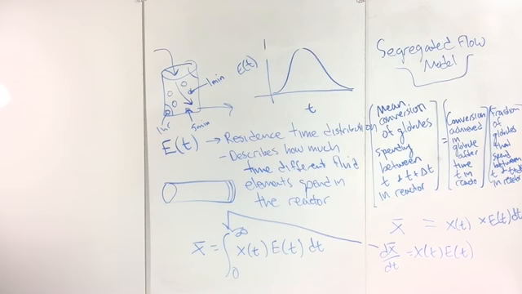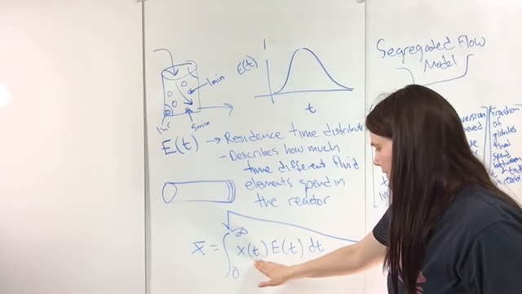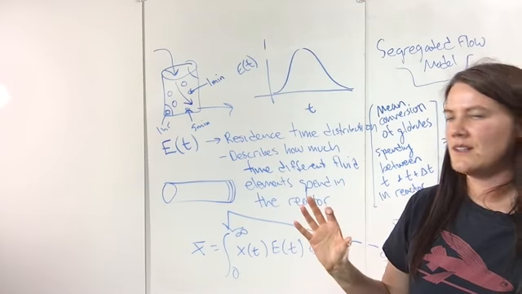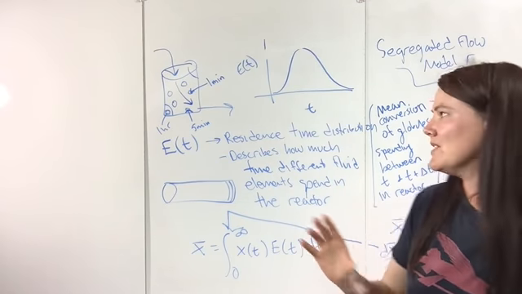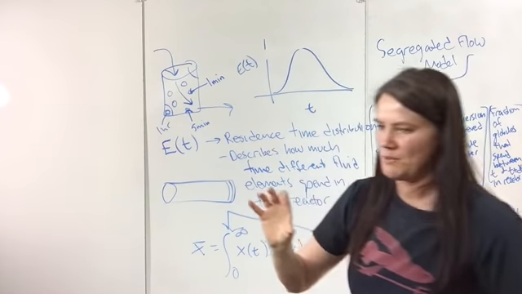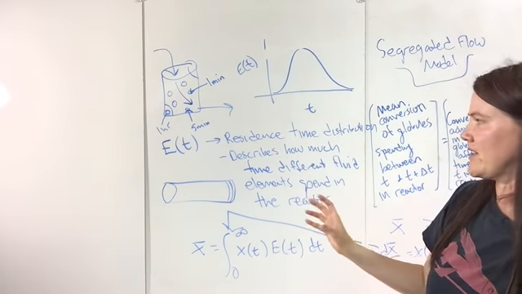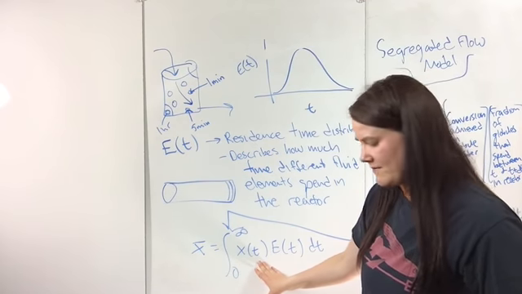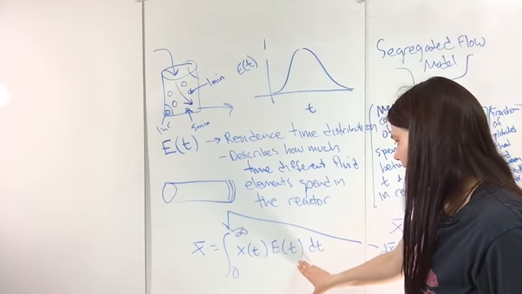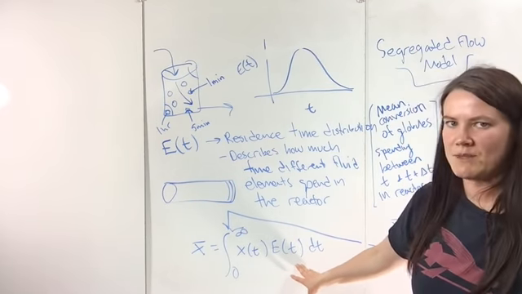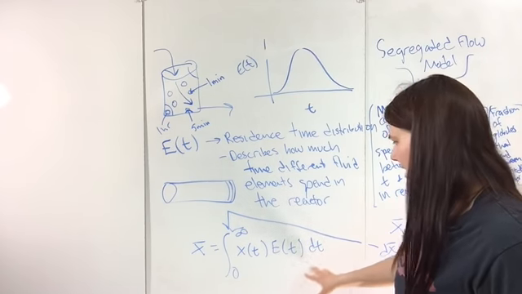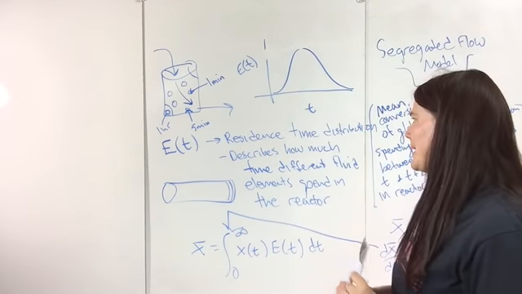The way you can solve this problem is to look at these globules as batch reactors, because nothing is entering or leaving each one. You solve x of t for a batch reactor, then multiply that by the residence time distribution function and integrate it over time.